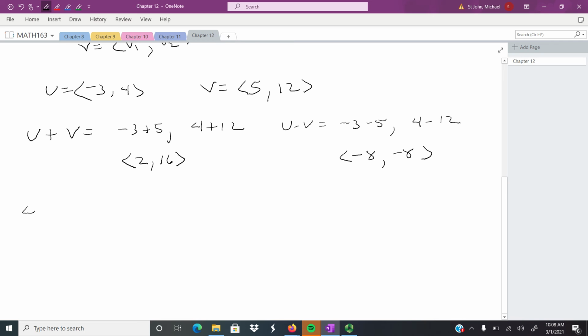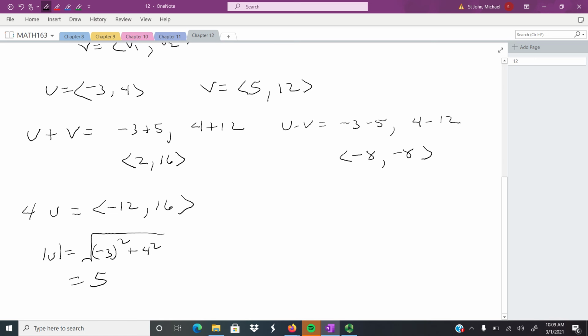We can take a vector, we can multiply it by a constant. So I could do 4u, which will give us minus 12, 16. We could find the magnitude of u, which will be the square root of minus 3 squared plus 4 squared. And this will give us 5. We could find the magnitude of v, which will be square root of 5 squared plus 12 squared, and this will give us 13.